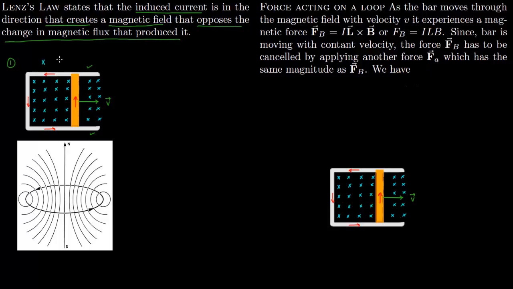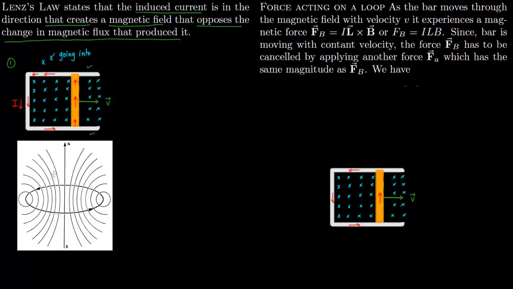This is perpendicular to the plane of the loop here. Then we say that the current is flowing in this particular direction given by the red arrows.